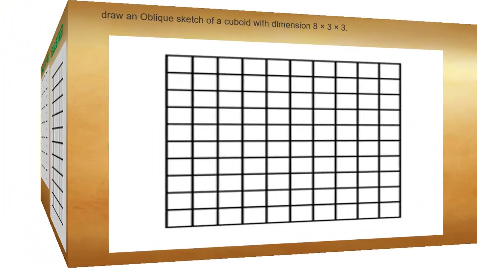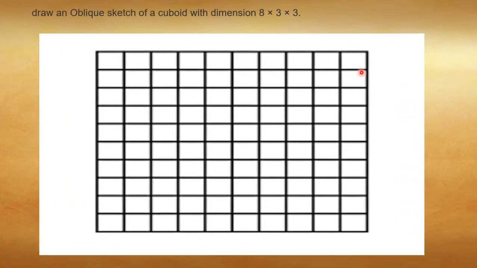So let us try to draw a cuboid of dimension 8 into 3 into 3, that is length into breadth into height. Length is 8, breadth is 3 and height is 3 units. As we know that the dimensions can vary in the oblique sketch, let us start with the length as 8 line segments. So 1 2 3 4 5 6 7 and 8 line segments we have drawn.